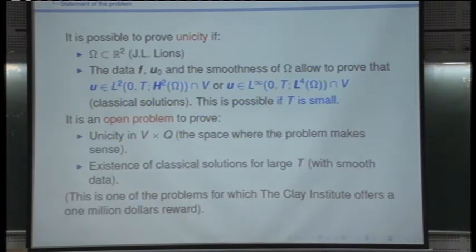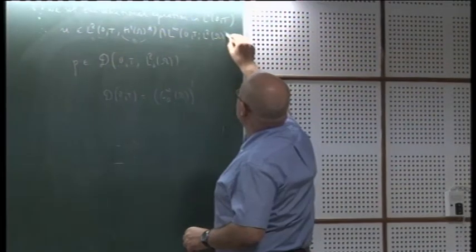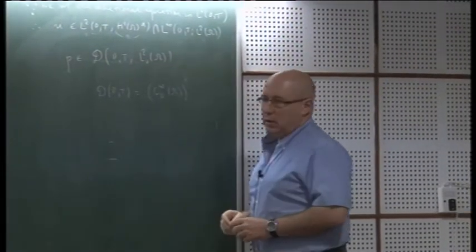Here is where the technicality comes. If the data are such that the solution is a little bit more regular than expected, the solution is unique. What does that mean? We have said that this is the space where the solution has to belong.